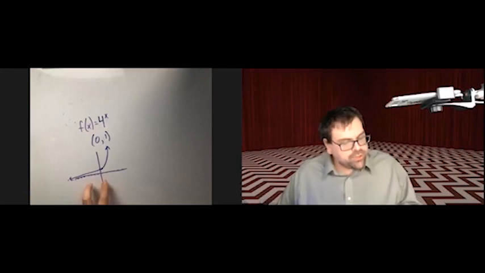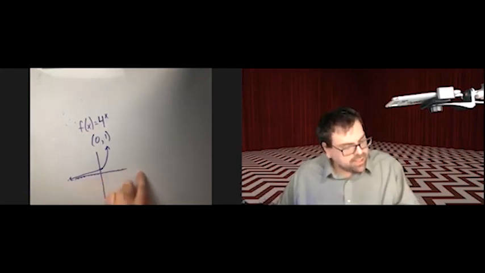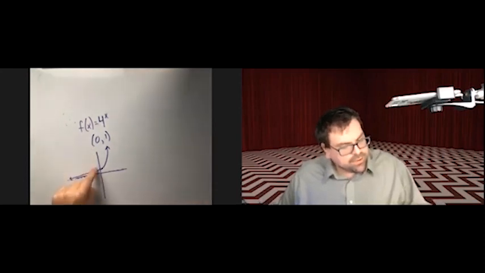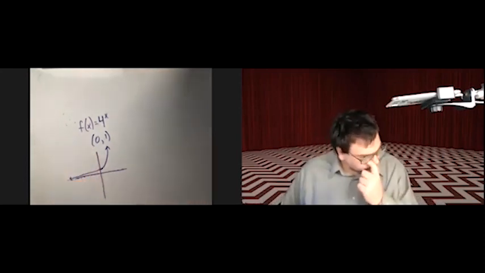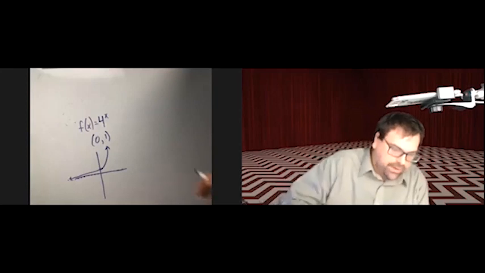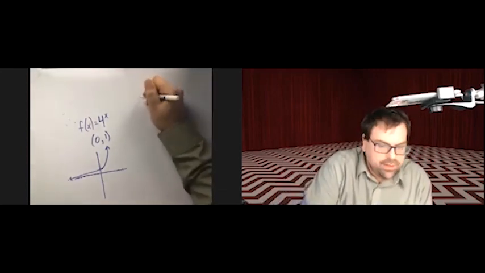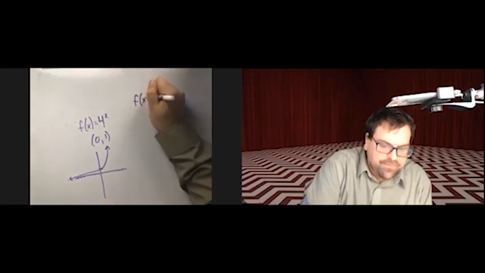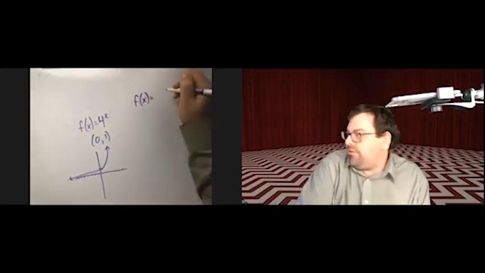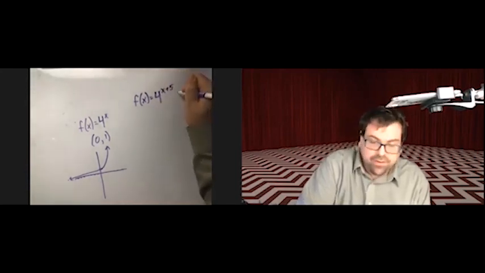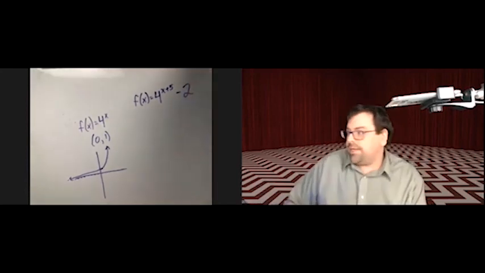We can use our general shape, knowing that we have our horizontal asymptote at the x-axis and our always point of 0, 1 for exponential, to graph a new function. F of x equals 4 to the x plus 5 minus 2.